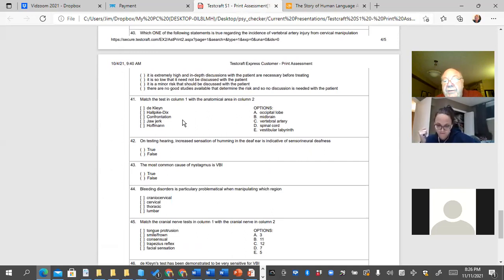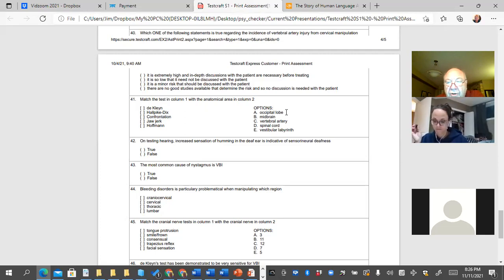Okay, massive test. This is, again, about anatomy. If you look at the first one, you can actually eliminate some of these as well. You know what the decline test tests, yeah? You know what Hallpike-Dix tests there. So the rest of these you have to think about. We did the confrontation test in the cranial nerve exam, yeah? So the answer there is actually not midbrain.